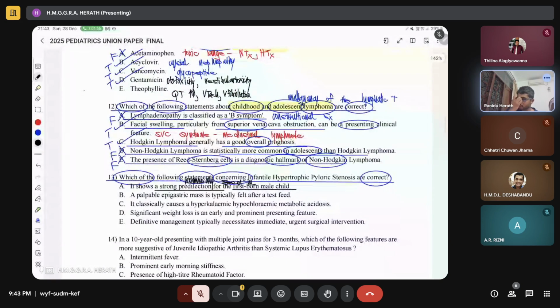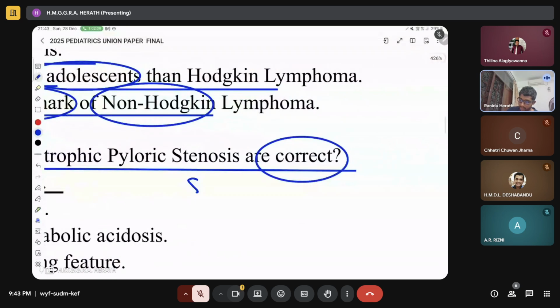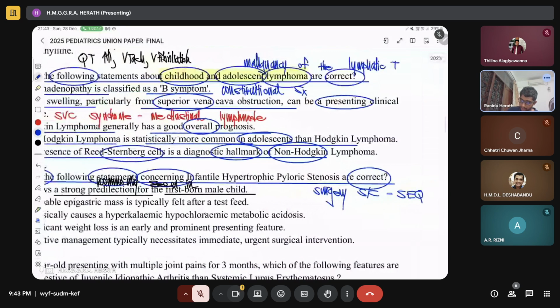True. Make it a surgery short case, SCQ, so just make it in katapadam.